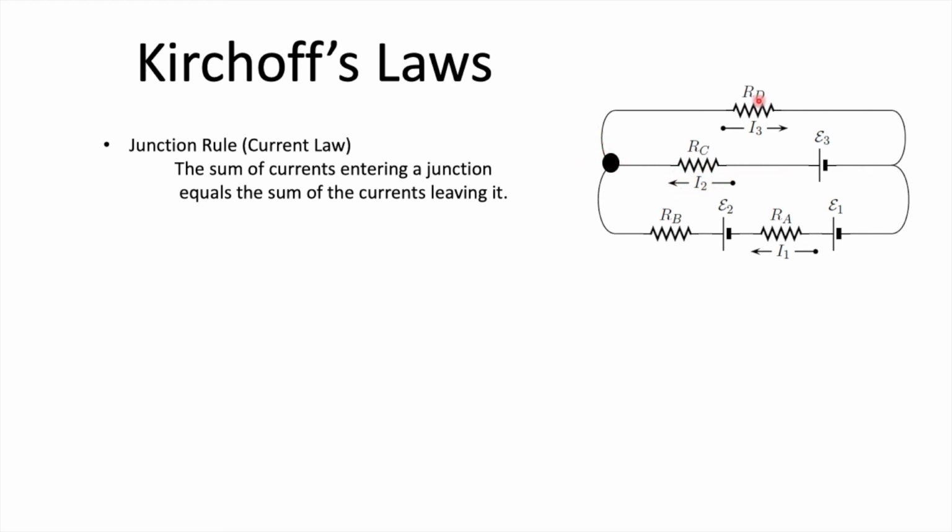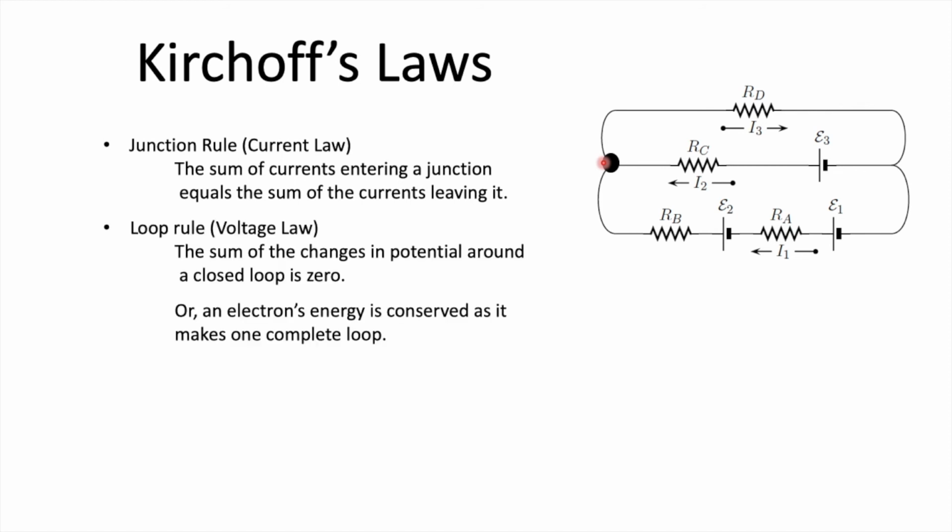But from here until here, the current I3 leaves that junction. Hence, I1 plus I2 is equal to I3 at that junction. And that's the Kirchhoff current law, or the junction rule.